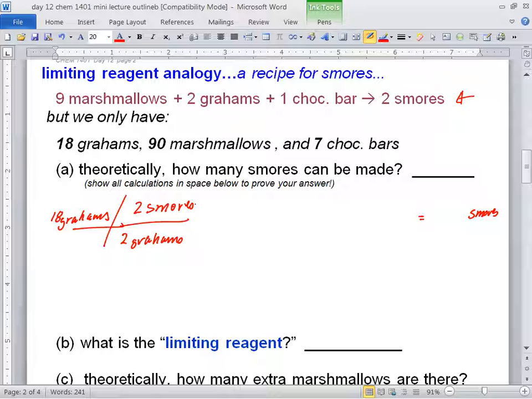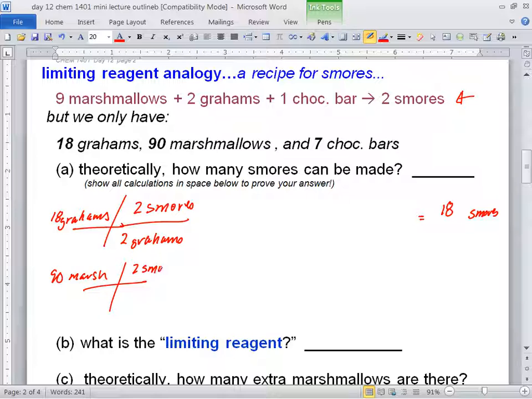All right, so you end up with 18. That's how I think before someone knows we forgot to multiply by 2, so we had 9, and we're off by 2. But 18 s'mores from the grams. The marshmallows, all right, that mole bridge, Ashley, would be what? 2 s'mores over 9.